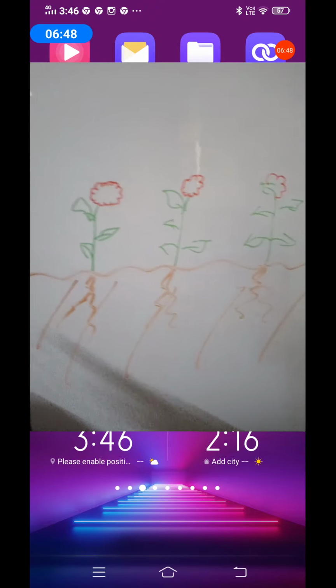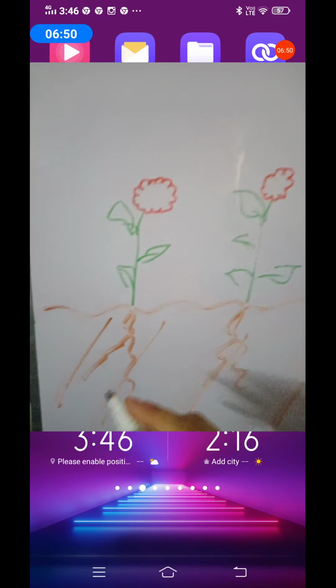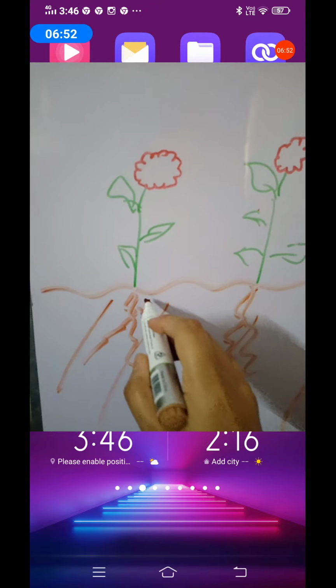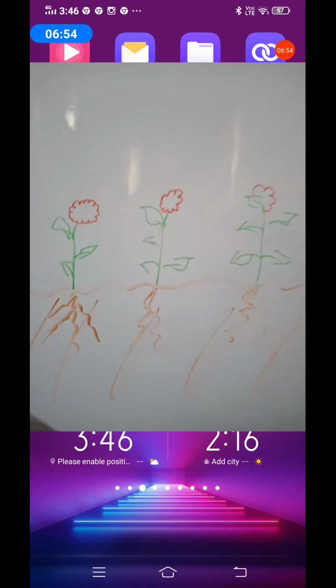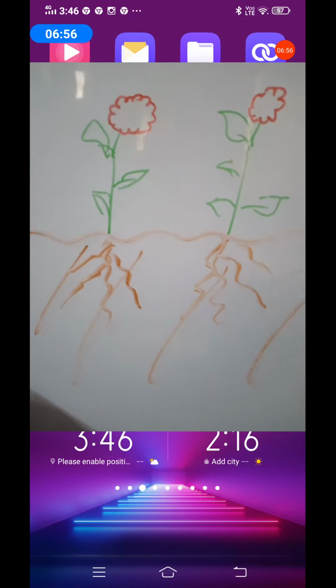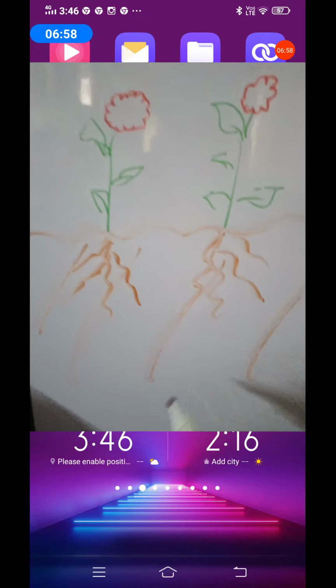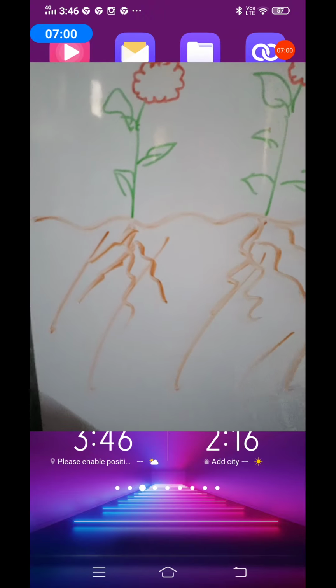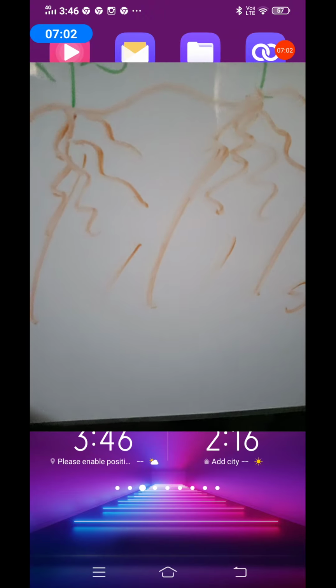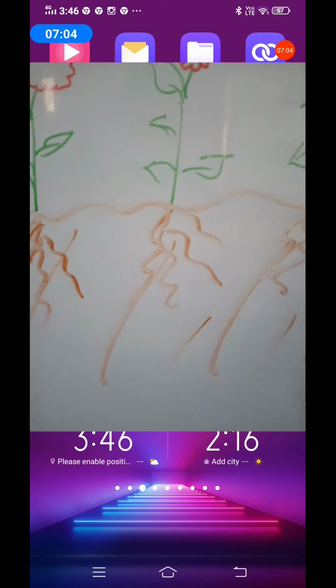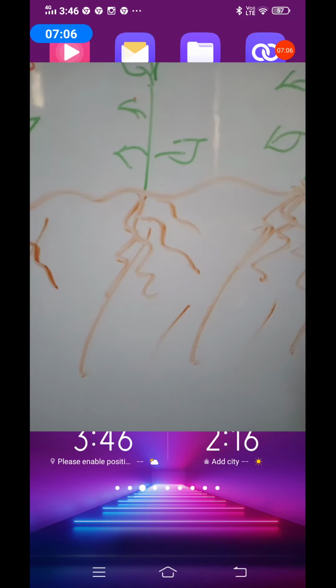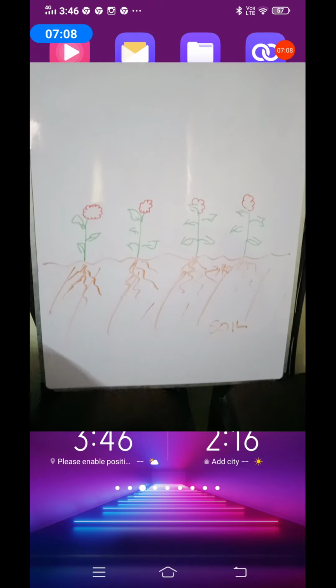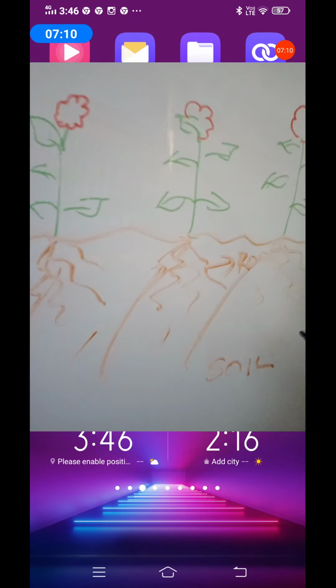This portion is the root. I hope it is clearly visible that it is the root, right? This is the root part, and here is the soil. Now what is happening there? What is the use of this root?